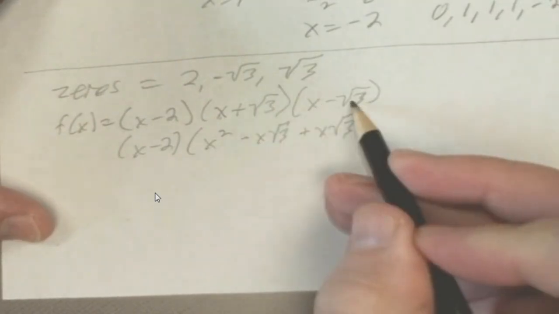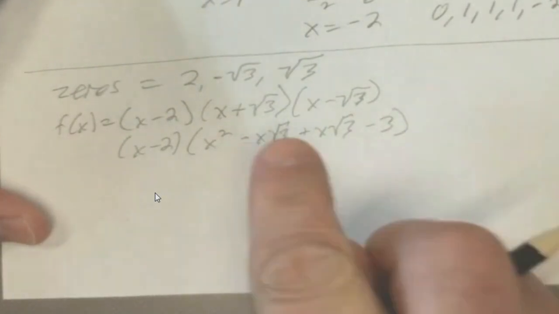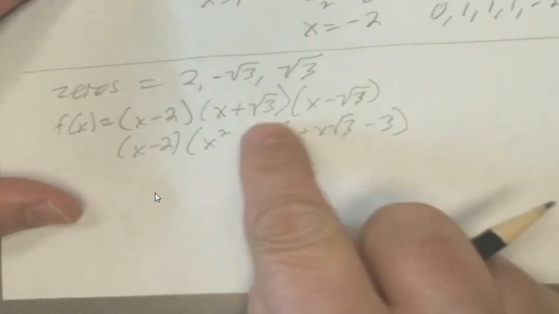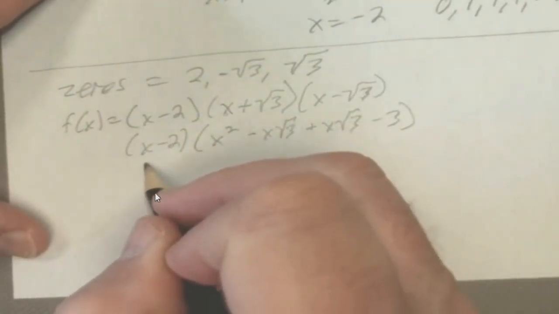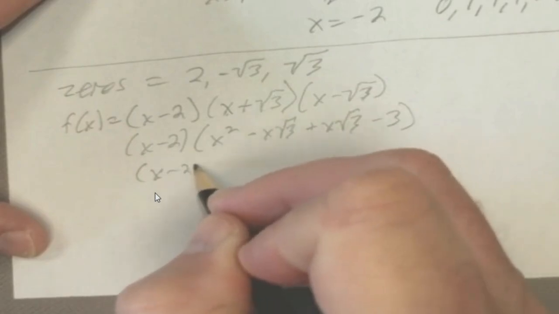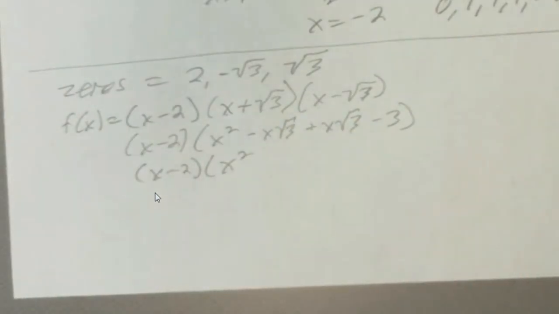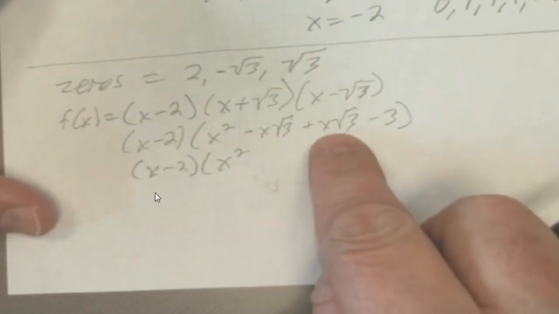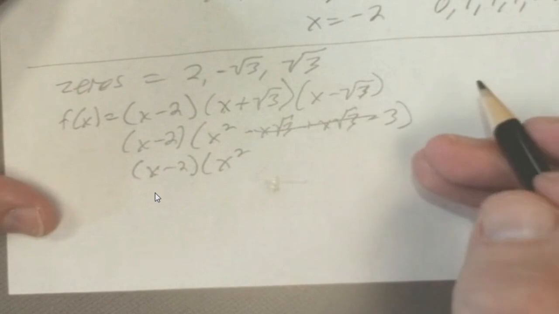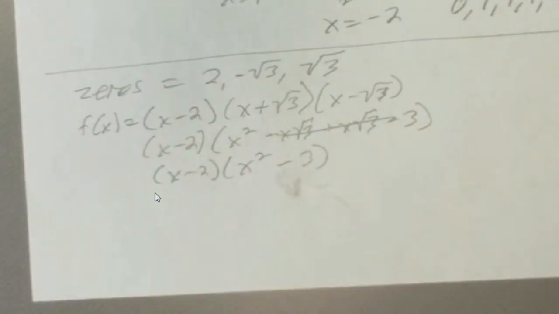And then the square root of 3 times the negative square root of 3 is negative 3. The square root of 3 times square root of 3 cancels out the square root, right? So let's simplify that. Now look at this. We've got negative x square root of 3 and positive x square root of 3. Cancels out. So we just have x squared minus 3.